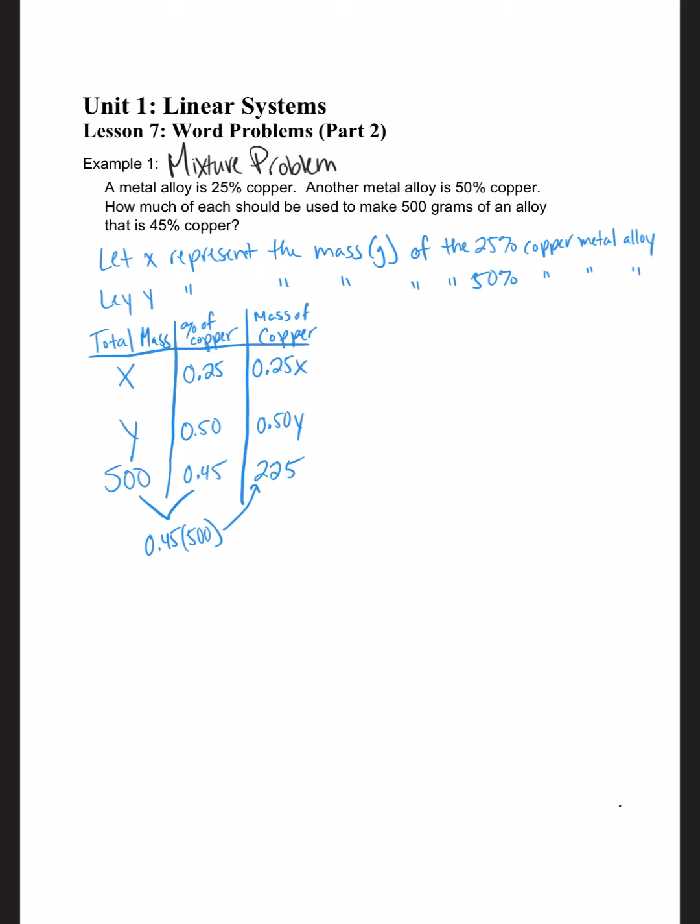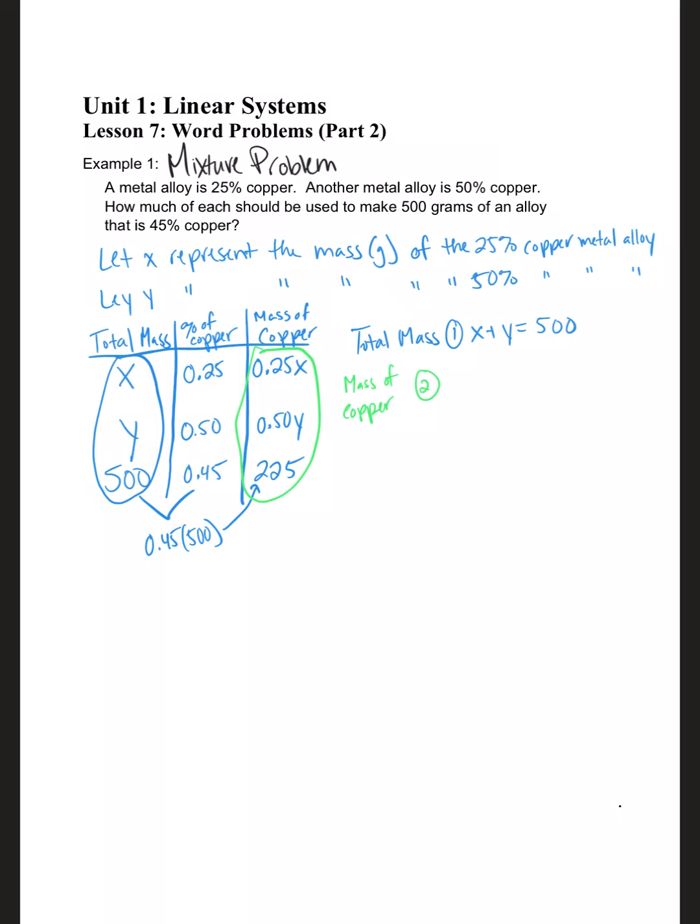Now, just like in previous days' lessons, we're going to get one of our equations from this column, and one of our equations from this column. The total mass can be represented as equation 1: X plus Y equals 500. And then the mass of copper will be our equation 2.